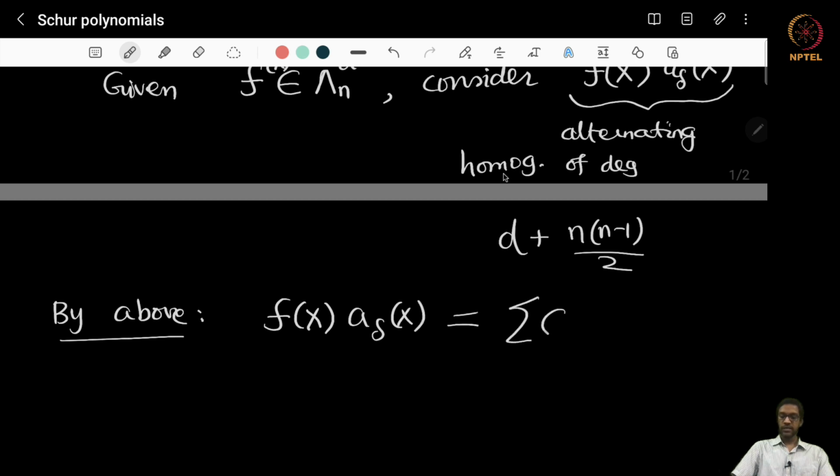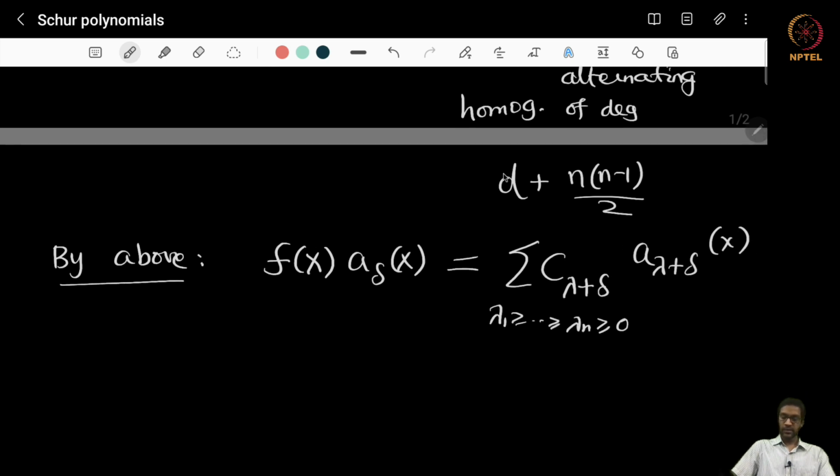This can be written as C, where lambda varies over these guys, and then we are done, because all we have to do is just divide both sides by the A delta.